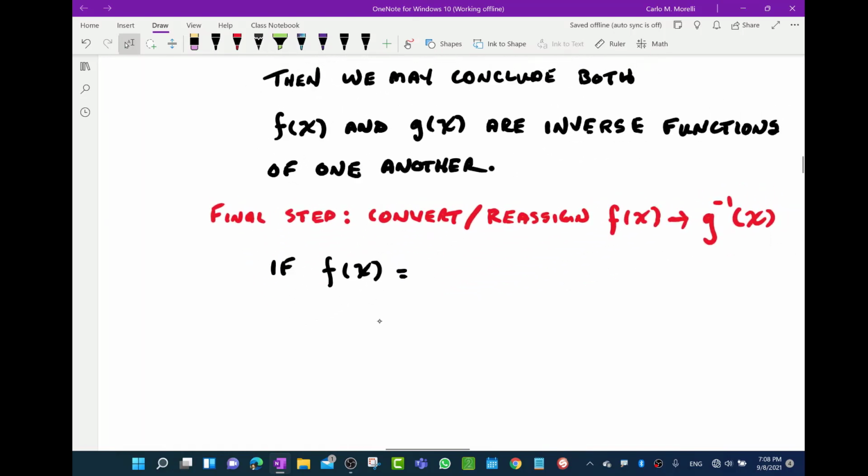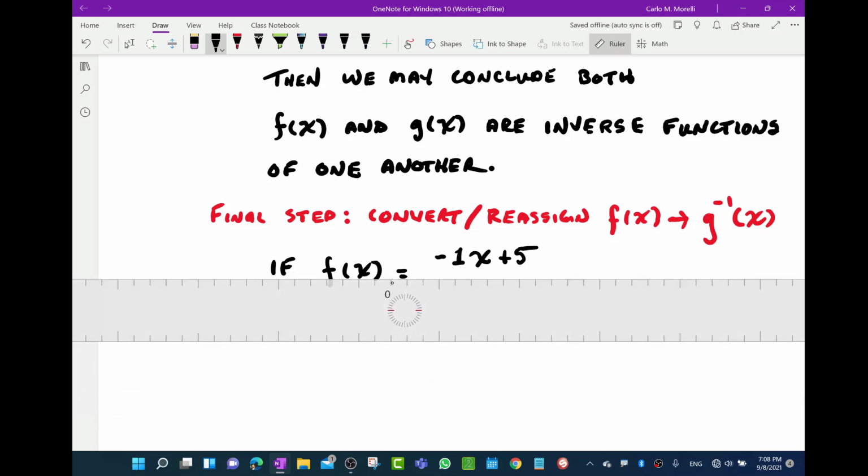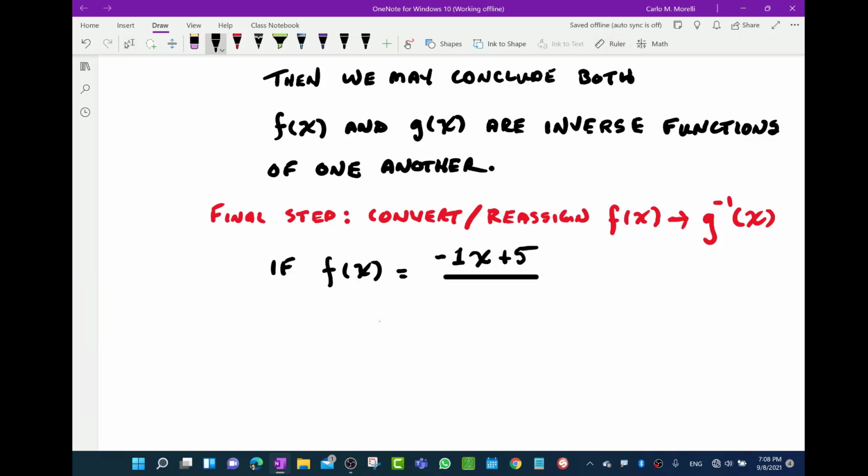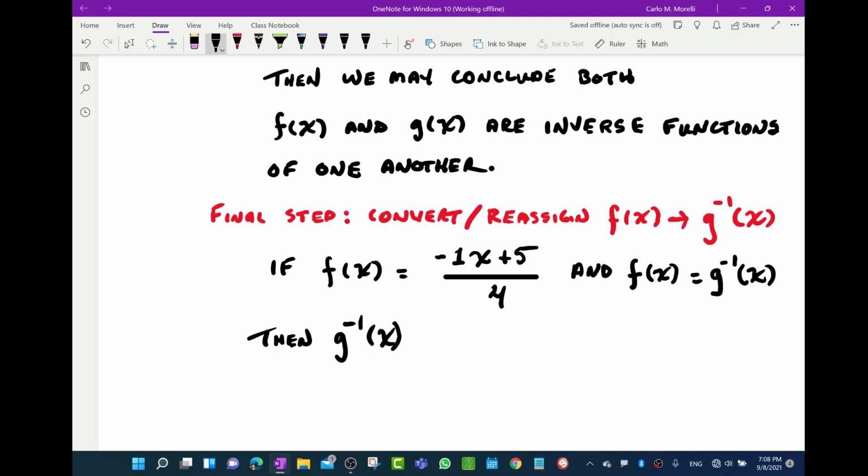If f of x equals negative 1x plus 5 over 4, and f of x equals g inverse x, then g inverse x equals negative 1x plus 5 over 4.